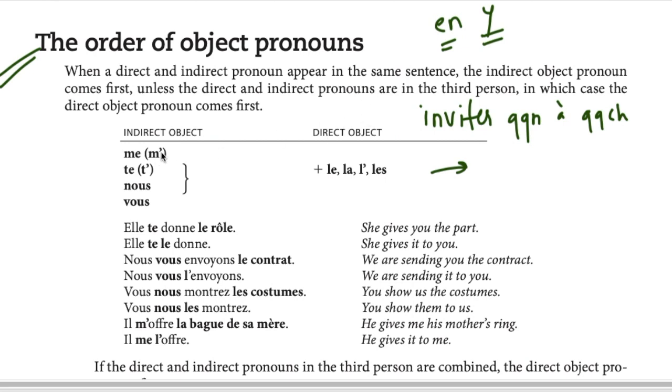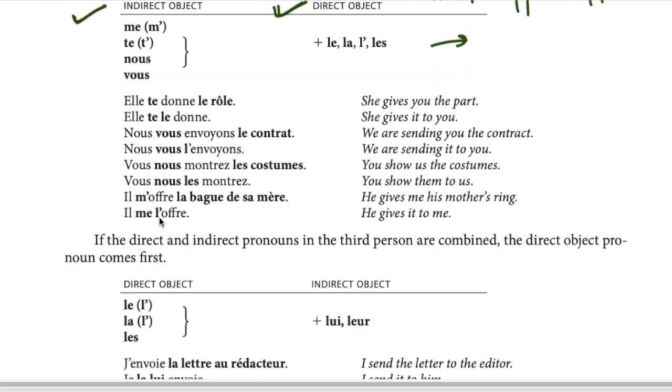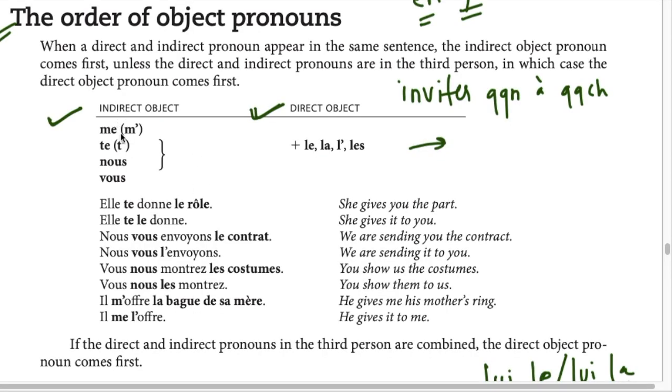Okay. So general theory, or rule, is indirect object pronouns come before direct object pronouns. Indirect object first, then direct object. Unfortunately, if we just follow that rule, then sometimes it could become lui le or lui la. Lui is indirect object pronoun, le is direct object pronoun. So generally, indirect object pronoun comes before direct object pronoun.